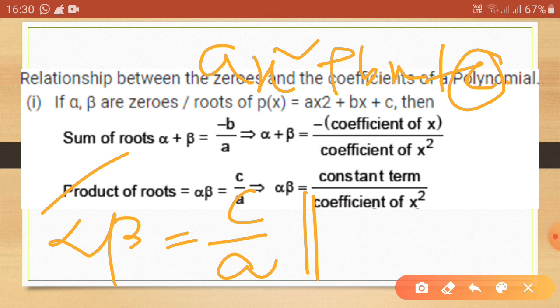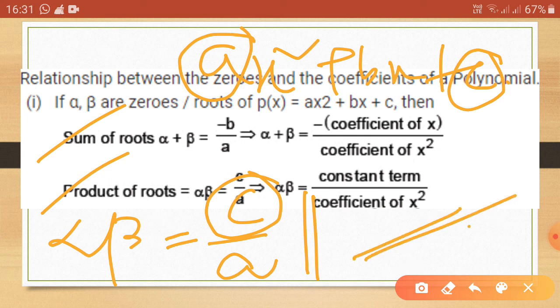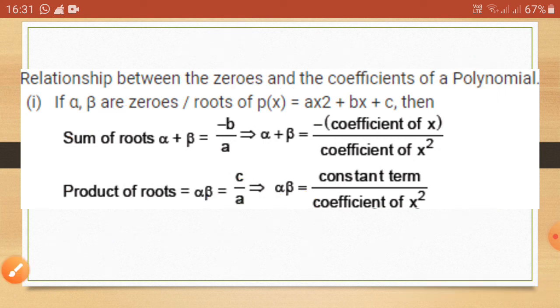So alpha into beta equal to c by a. We write c on top and a below. A here is the coefficient of x square. So the sum of roots is minus b by a and the product of roots is c by a. I think it is clear to you. Okay, go to the next slide.